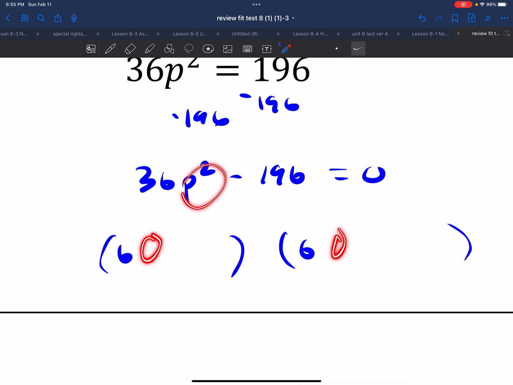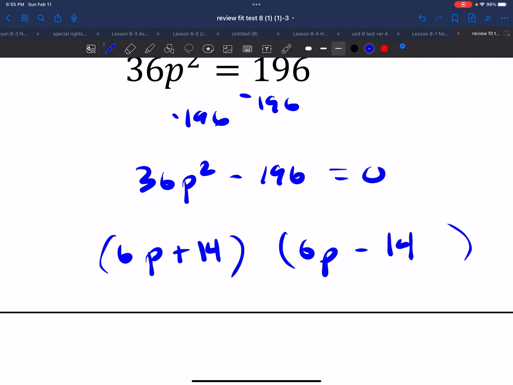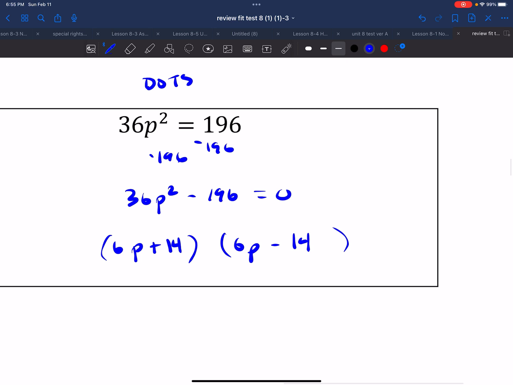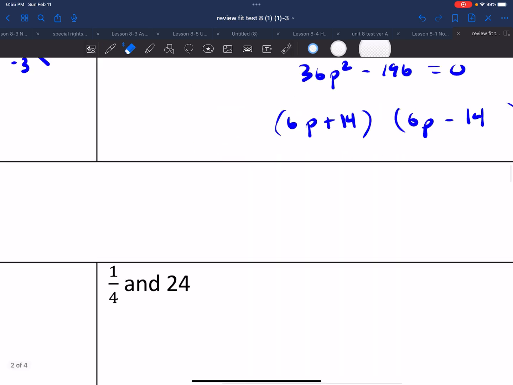What times what is p squared? P times p is p squared. What times what is this minus sign? Plus and minus gives you that negative sign. And then what times what is 196? I hope it's 14. All right, 6p plus 14 times 6p minus 14. Hopefully you see that pattern right there.